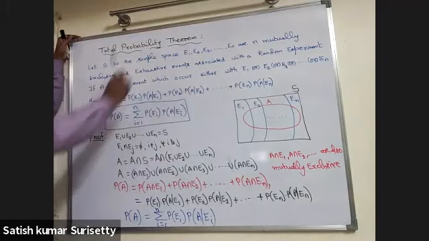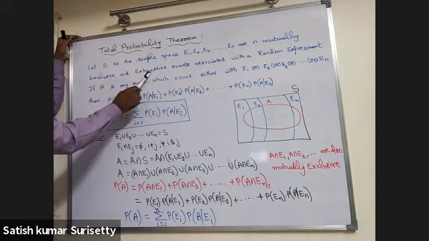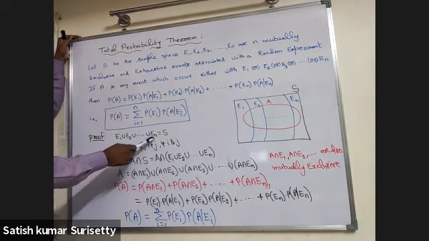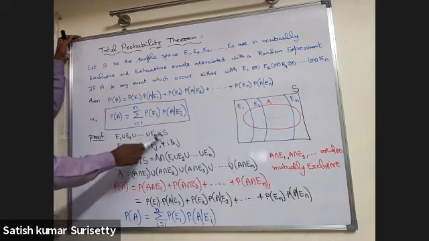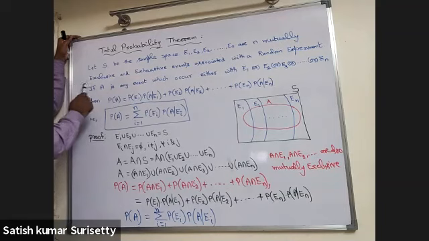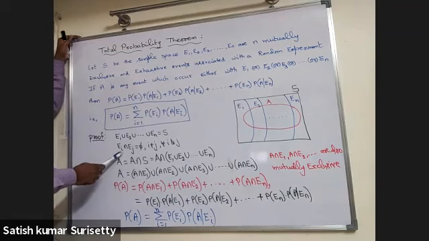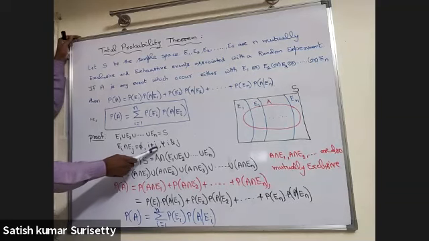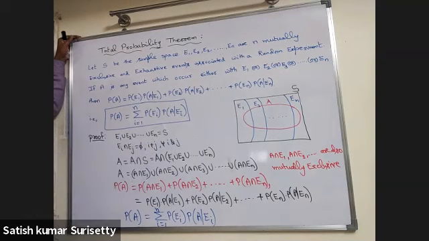Events being mutually exhaustive means the union must be the entire set, that is E1 union E2 union and so on En must be the entire sample space, and mutually exclusive means the intersection of any two or any three and so on must be a null set. That is Ei intersection Ej is a null set, i not equal to j for all i and j.